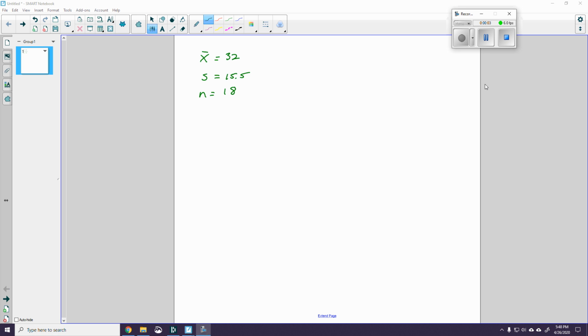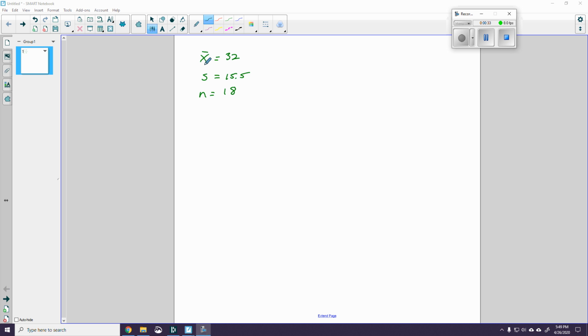So let's talk about making a confidence interval for means. I'm inventing a scenario where I've had a population, I've taken a random sample, and that sample happens to be normally distributed, or else my population is normally distributed, and I've come up with these statistics from that sample.